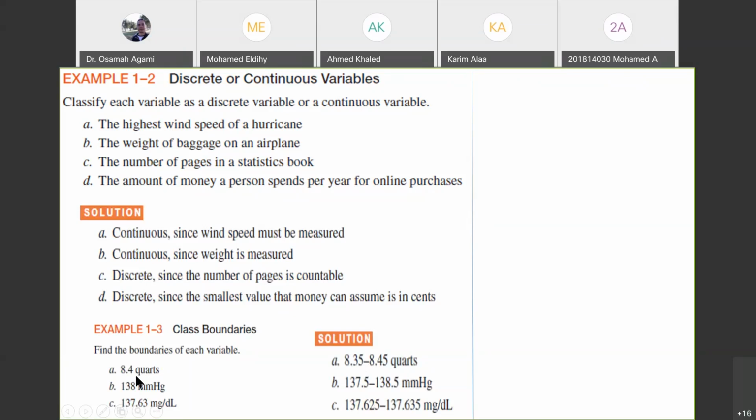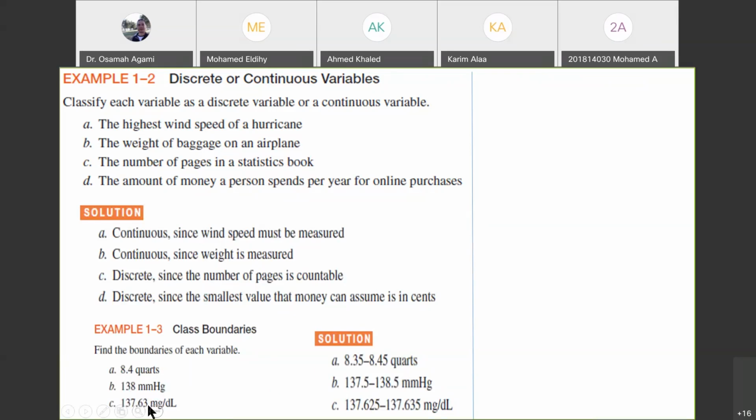You add 5% to 8.4, you take the upper bound. If you have 138, you have no decimal place, so you have 1 unit. So the half of the 1 unit is half. Half before 138 will be 137.5. Half after 138 to have the upper bound will be 138.5.